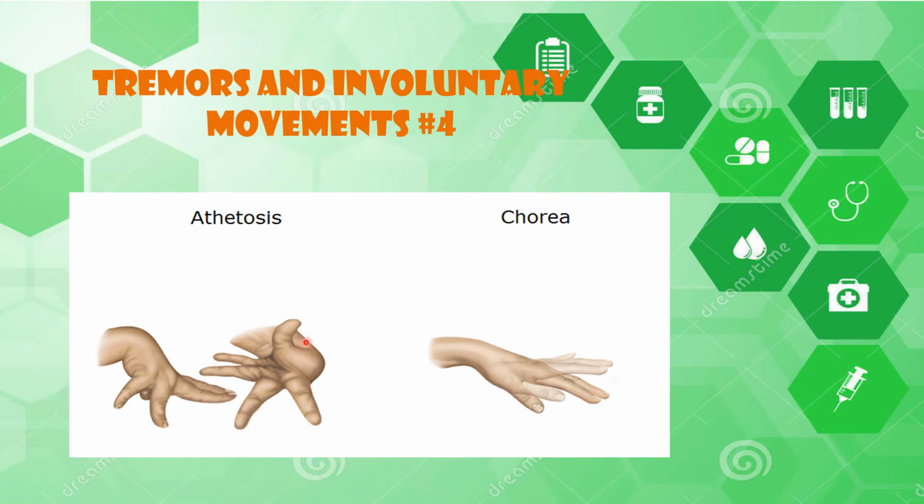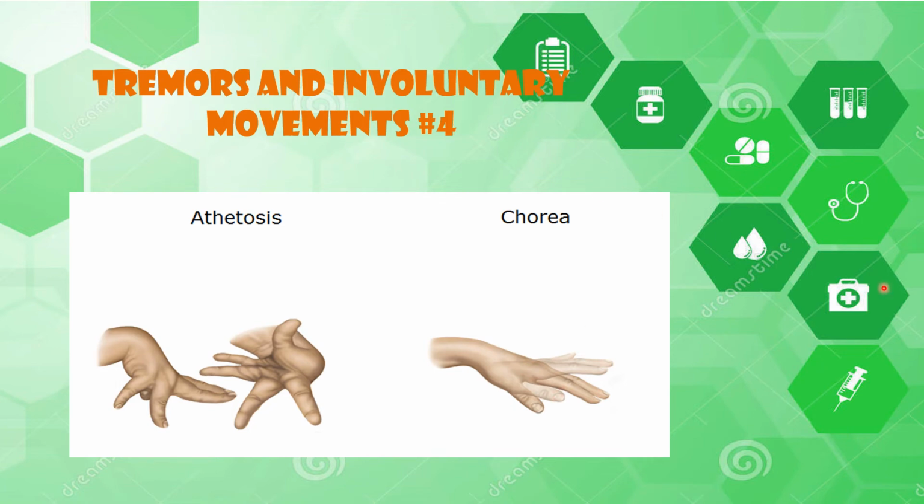Causes include cerebral palsy. So we have here the chorea or choreiform movement, which are brief, rapid, jerking, and irregular and unpredictable. They usually occur at rest or interrupt normal coordinated movement.